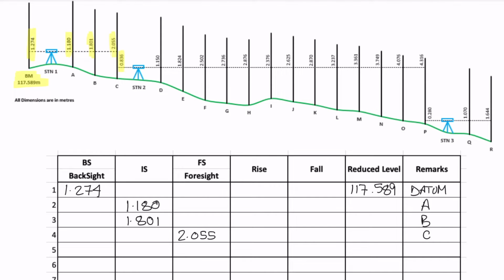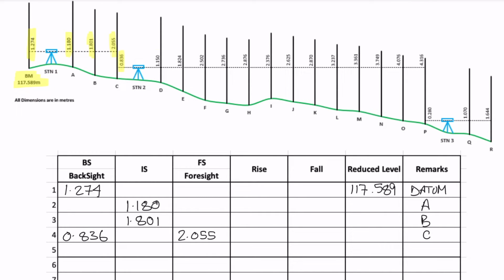This is the first reading taken at station 2, and on the same row, fourth row, we enter in the value of 0.836 as our backsight reading.